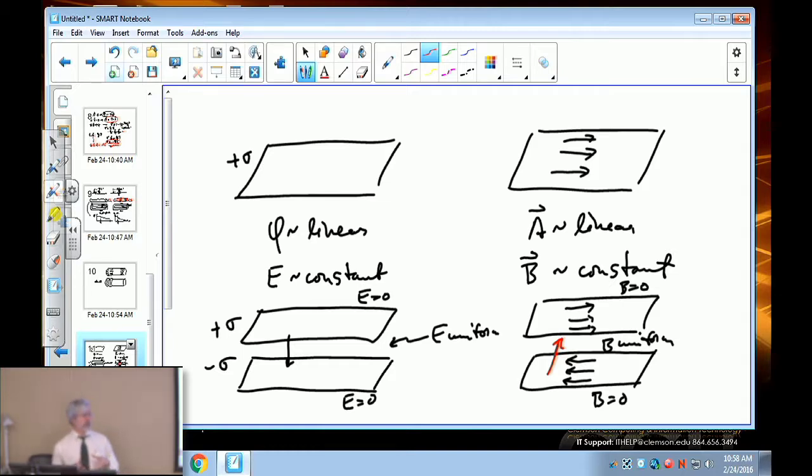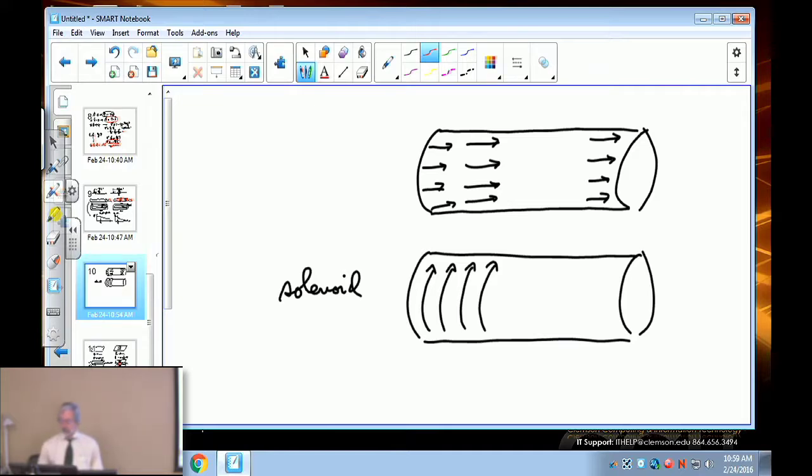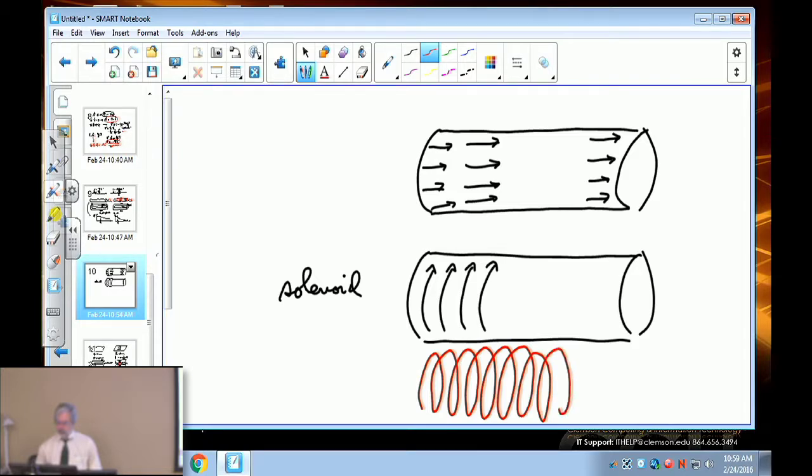So you could make a uniform B field in a solenoid, or you could make a uniform B field by having sheets. The challenge is to make sure that the current distribution is uniform in all those cases, right? You have to have a uniform distribution of the current in the plates, or in the solenoid you have to have a uniform distribution going in that fashion. And of course, the way we make an almost solenoidal field is to take a wire and wind it like this.